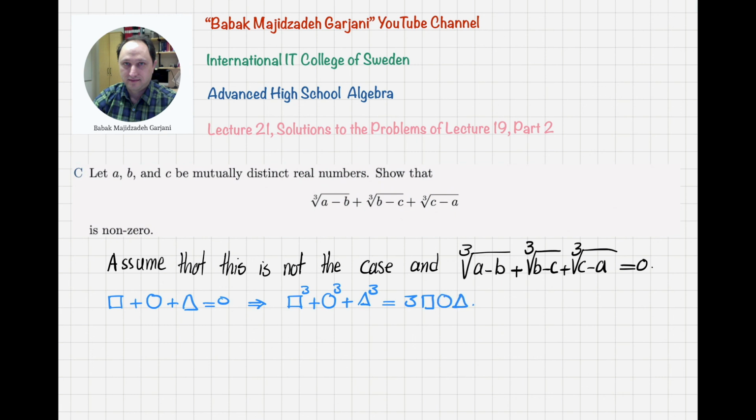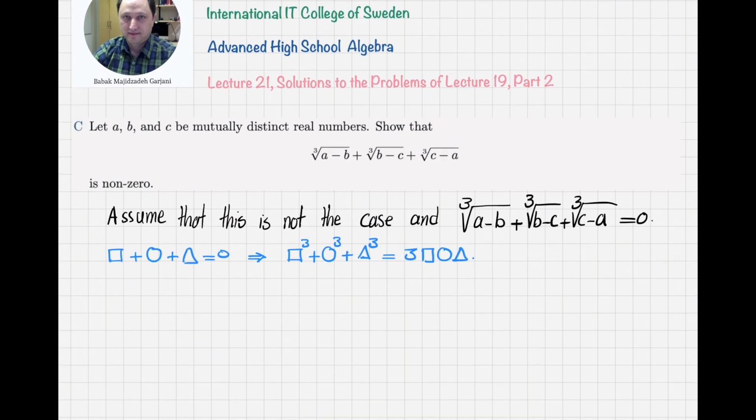Okay, so that was one of the identities that I proved in one of the lectures related to algebraic identities. Now consider this to be your box, this to be your circle, and this to be your triangle.